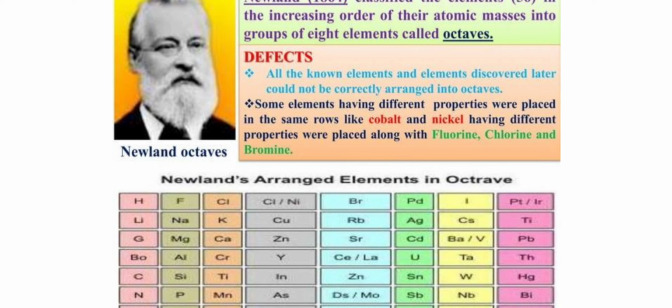Some elements having different properties were placed in the same row, like cobalt and nickel, which have different properties, were placed along with fluorine, chlorine and bromine. Cobalt and nickel have different properties, but he placed them in the same group, so he failed once again.